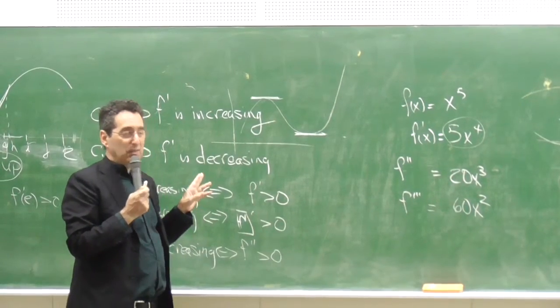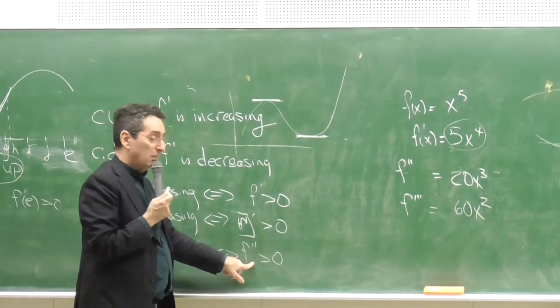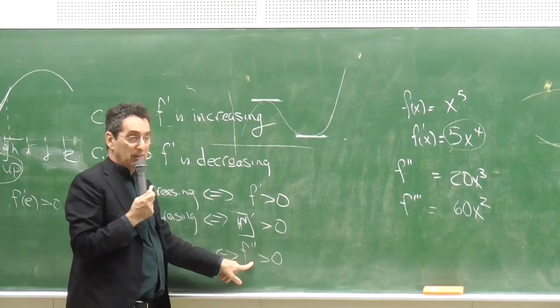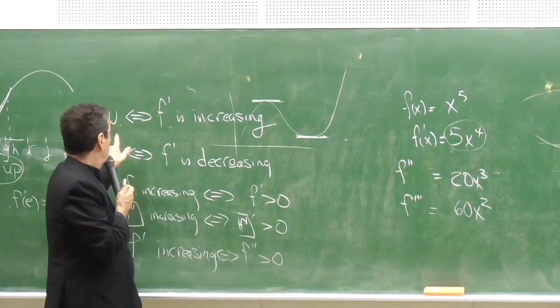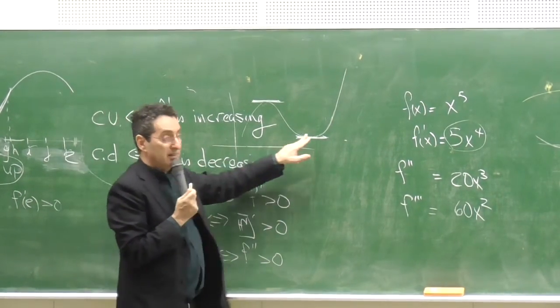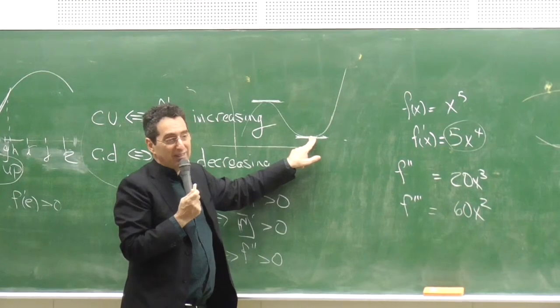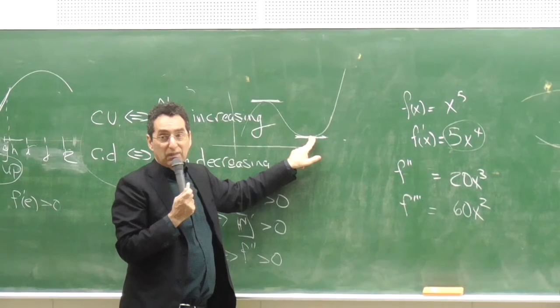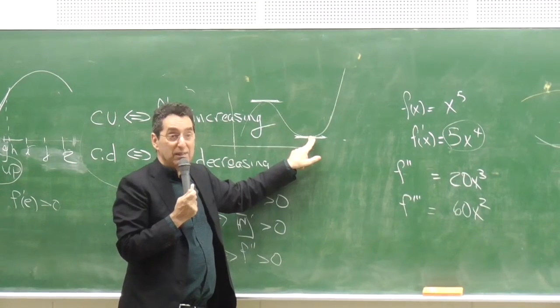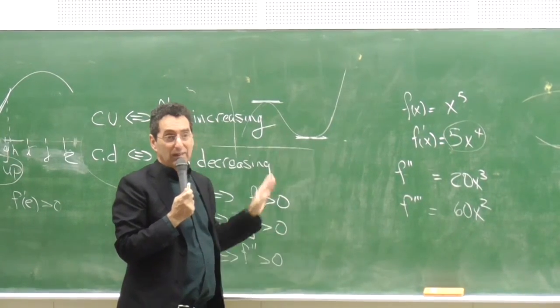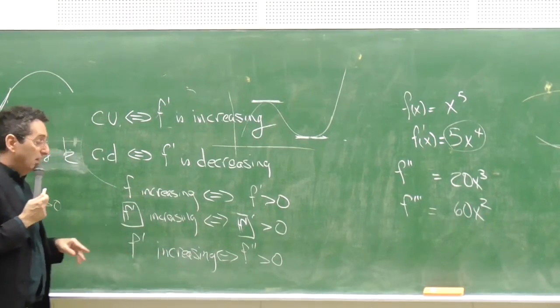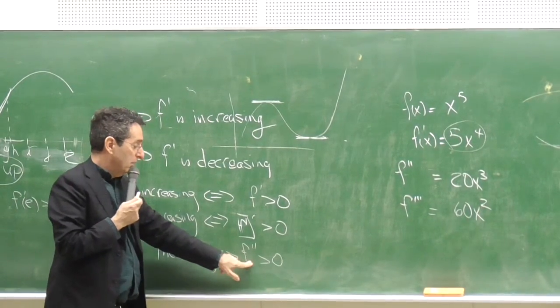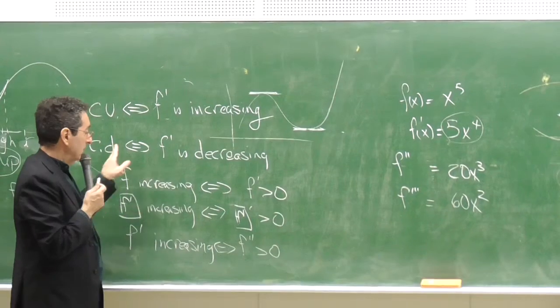So one kind of confusing thing is, when the second derivative is positive, what does that mean? Concave up, right? Means it looks like this, which means it's a minimum. So that's a little bit jarring, right? The second derivative positive means it's a minimum. But that's just the way it works out. Okay, so the second derivative is positive, following the steps.